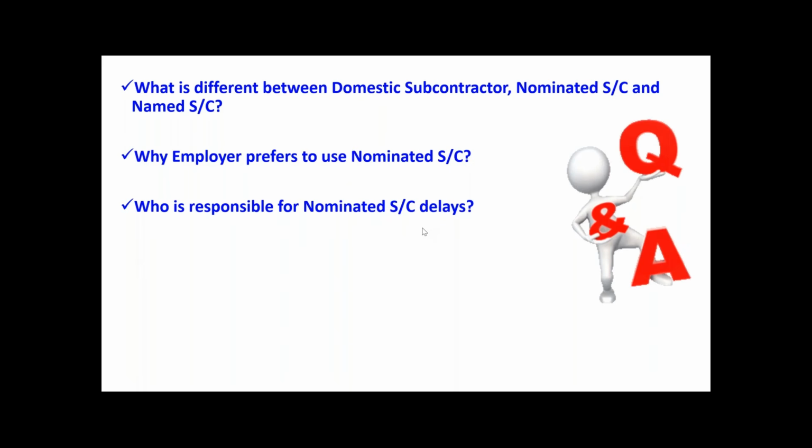There's no direct agreement with the client. So for any subcontractor delay, even nominated subcontractor or domestic subcontractor, who is responsible for the entire project? Main contractor. Therefore, nominated subcontractor delay will be under the main contractor only. Okay, not the employer.